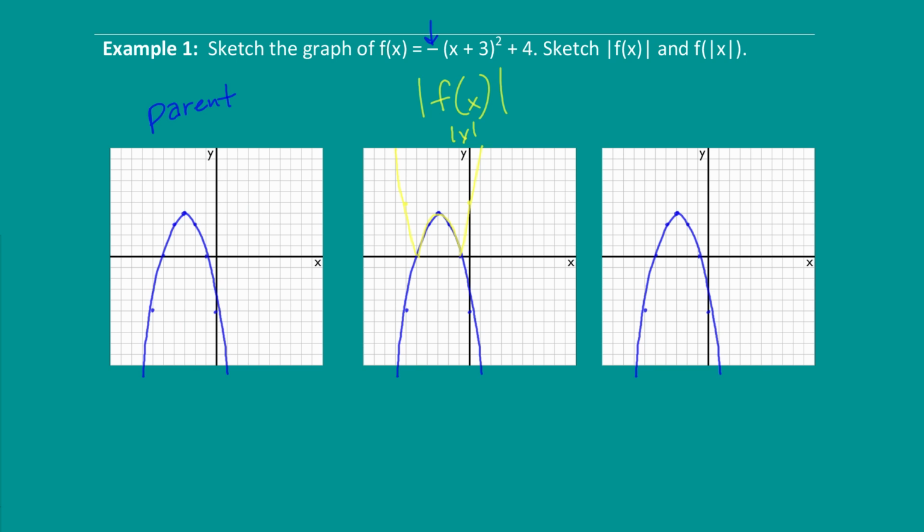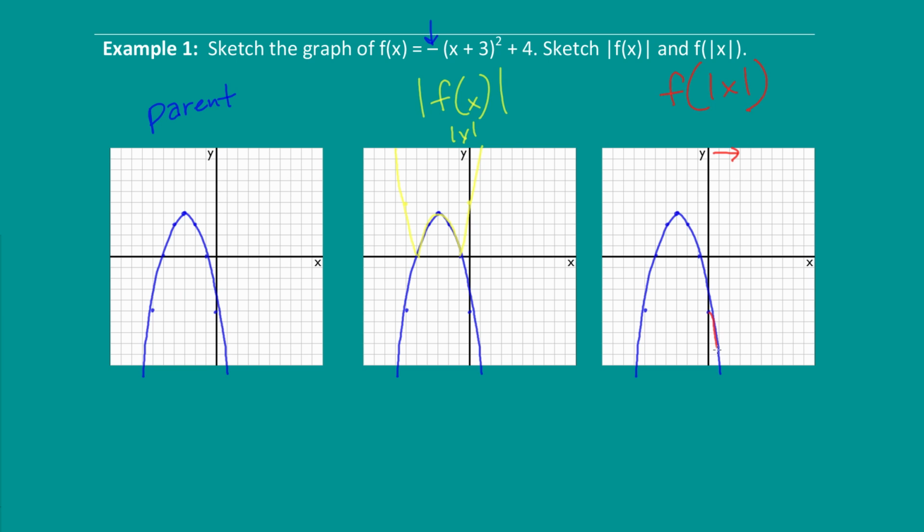The other graph that we'll be looking at is the transformation of the absolute value of x. Now again, that means that all of my positive x values are perfectly acceptable, but my negative x values are going to become reflections of those positive x values. So it should have crossed right here.